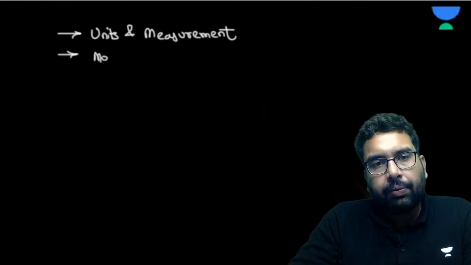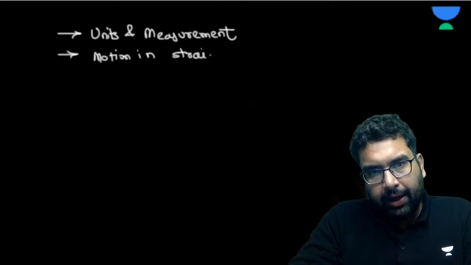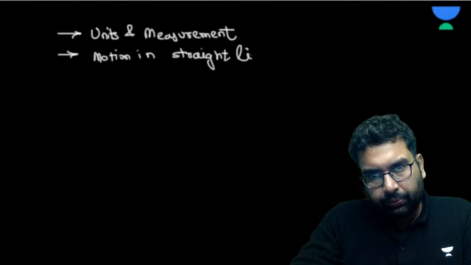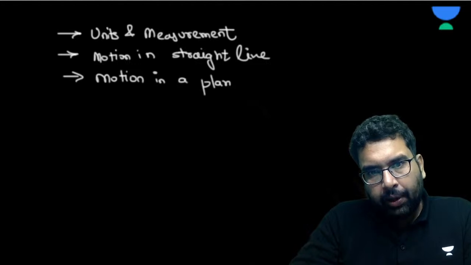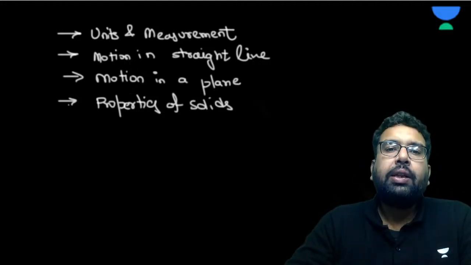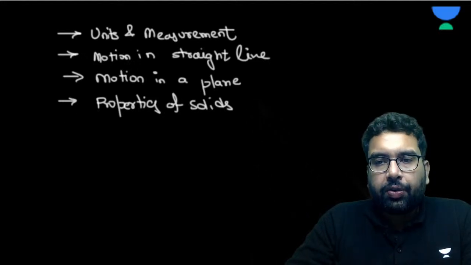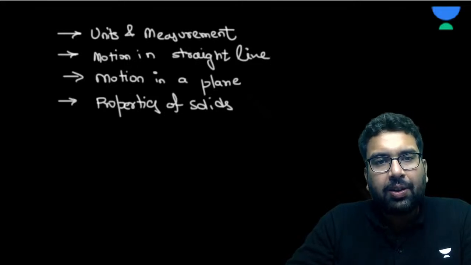Then we have a revision of motion in a straight line, motion in a plane, and properties of solids. We'll be revising these 4 chapters of physics thoroughly and see if we understand all the concepts. I'll be a little quick in this session.